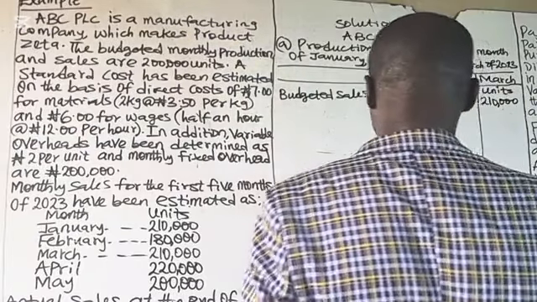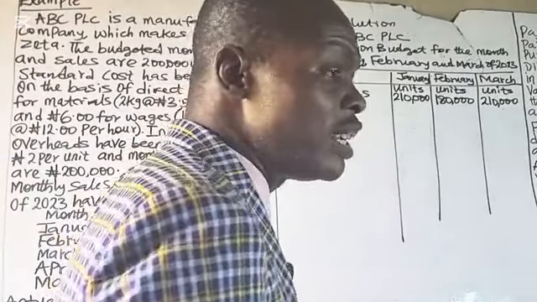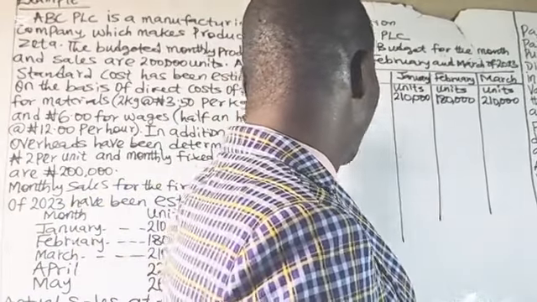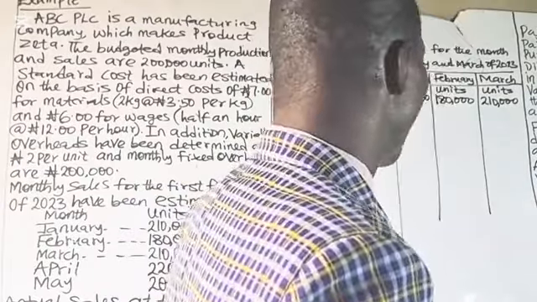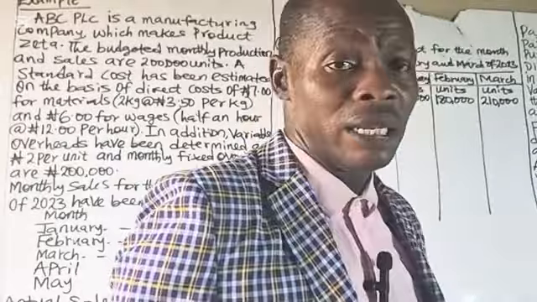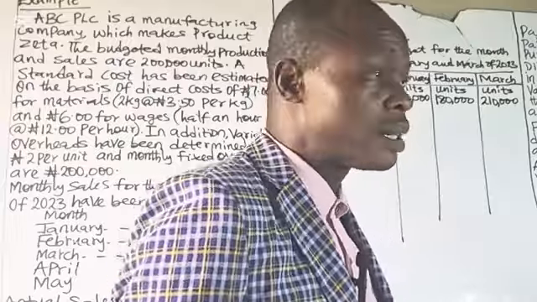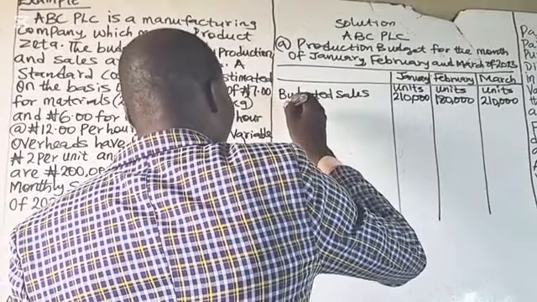I've told you, after the budgeted sales, if you have watched my earlier video on functional budget, you will get to understand how to prepare production budget the more. So I will advise you go over my earlier video on functional budget for better understanding. So we add closing inventory of finished goods.